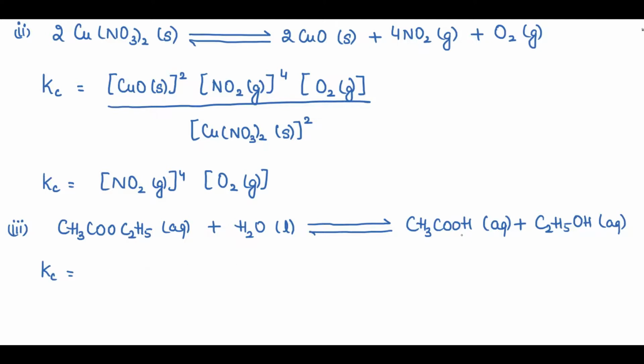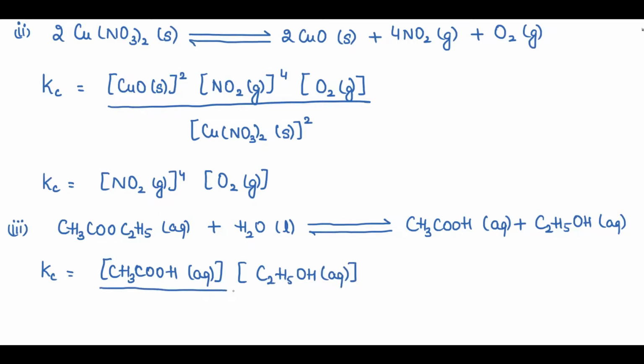So definitely concentration of products, so CH3COOH, that is acetic acid, into concentration of C2H5OH, it is also in aqueous state, divided by CH3COOC2H5, it is also in aqueous state, into concentration of water that is in liquid state.